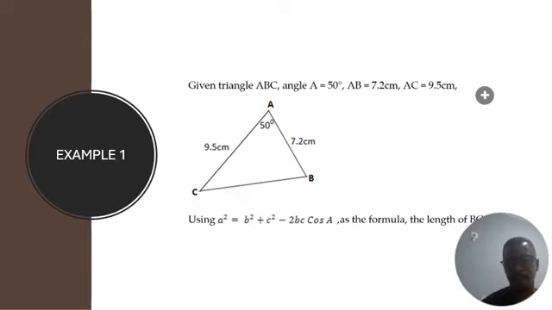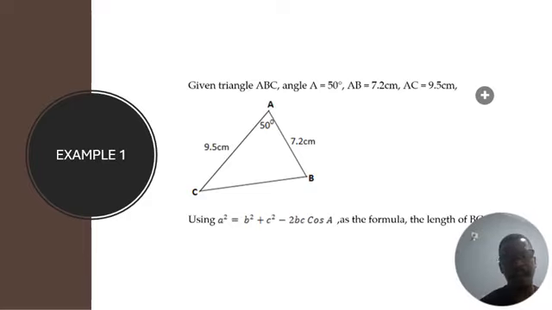Okay, so this one is a simple one. They're saying we are given this triangle ABC, and in this triangle you have angle A as 50 degrees. You have side AC as 9.5 centimeters. You have side AB as 7.2 centimeters.